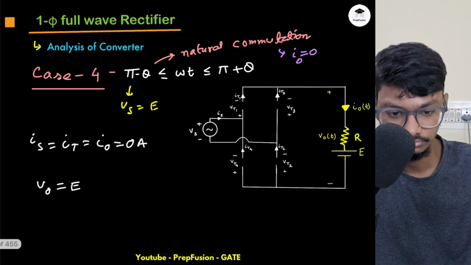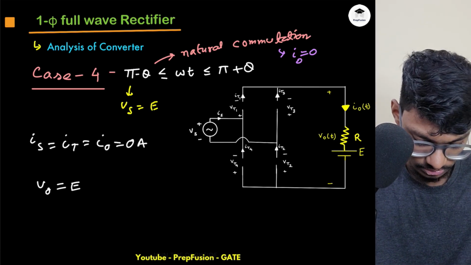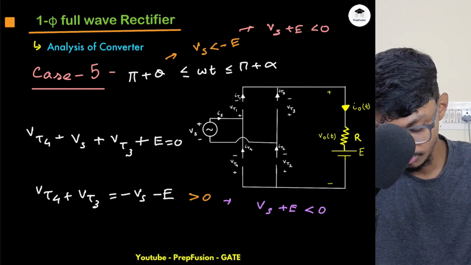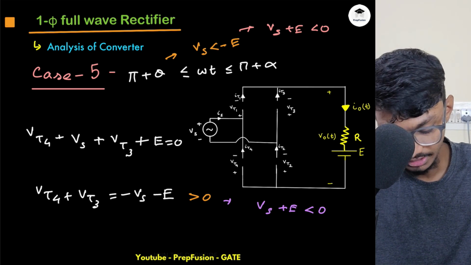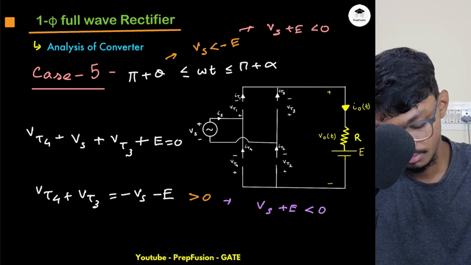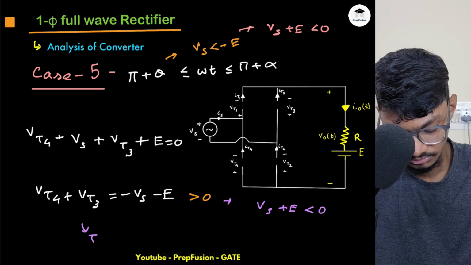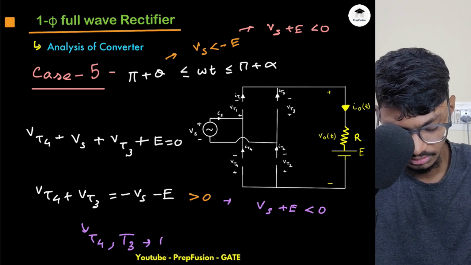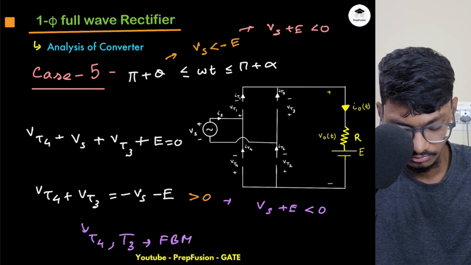So now let's start with case 6. I can safely say that my thyristors T4 and T3 are in the forward blocking mode.